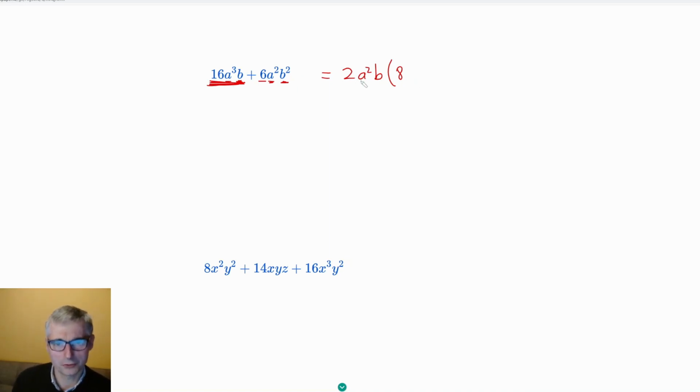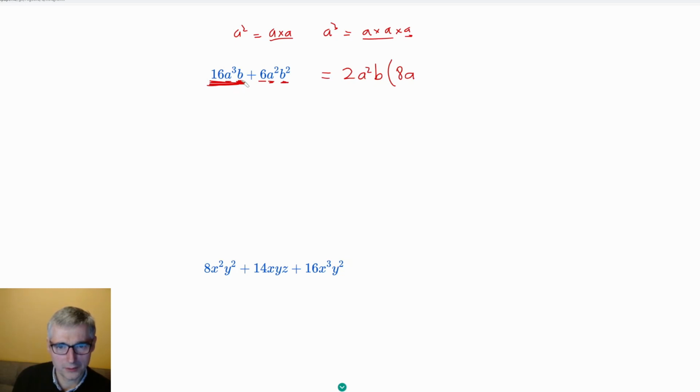And then to go from the a squared to the a cubed, well, a squared is a times a, but a cubed is a times a times a. So we can see that really I've got to multiply the a squared, which is a times a, by a further a to get a cubed. So I need an a there.